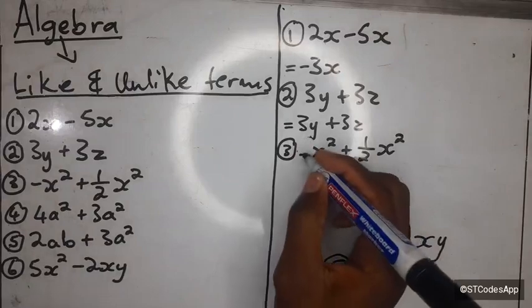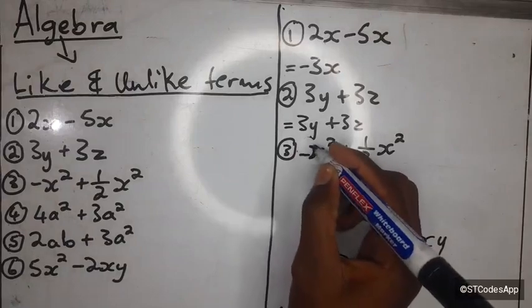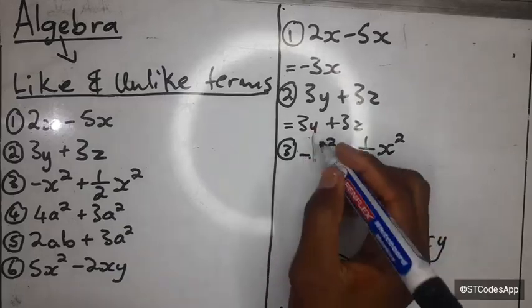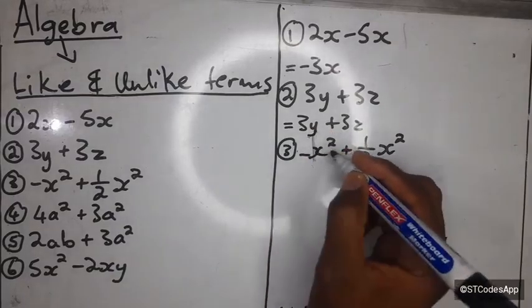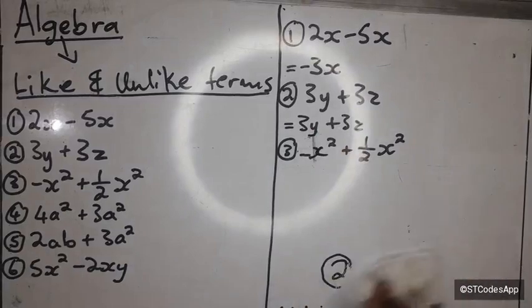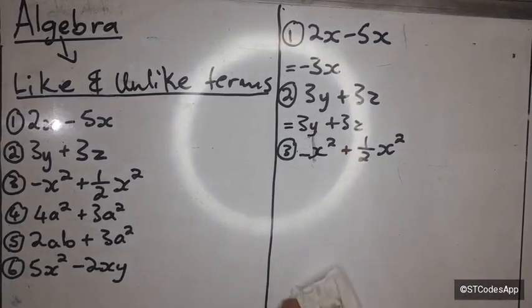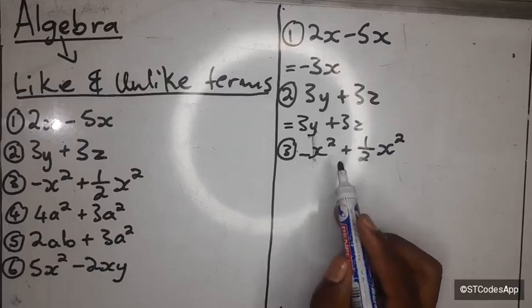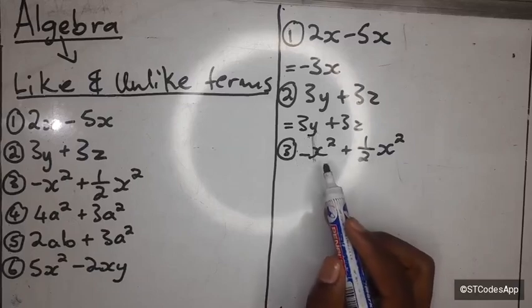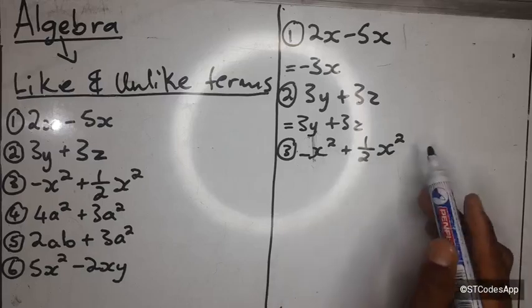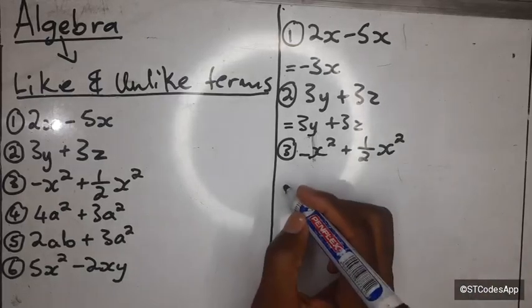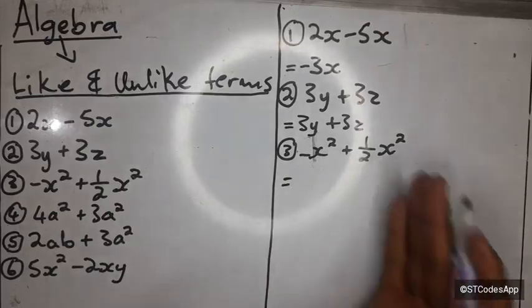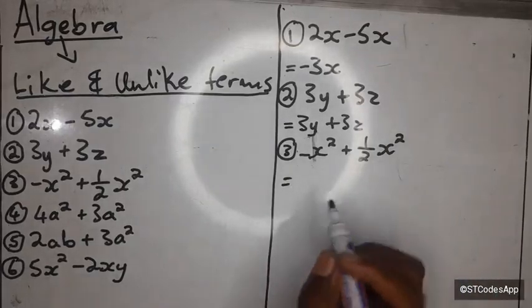Anyways, the sum was negative x squared plus half x squared. So these two are like terms because they both end with x squared. And so what do we do with them? Once you conclude that they're like terms, deal with the numbers.